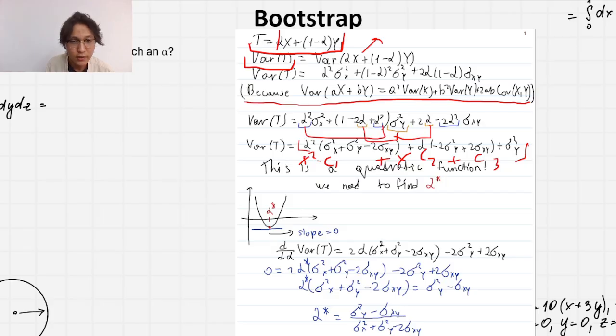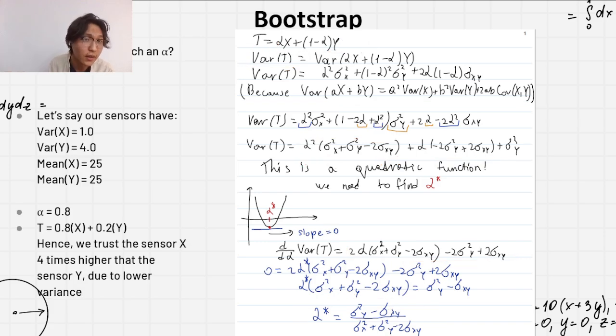We find out that this derivative looks like this. Then we find the alpha when this whole expression is 0, because the slope is basically 0. So by swift calculations, we find out that the alpha is actually this value. Hence, we can find the alpha if we can find the variance.